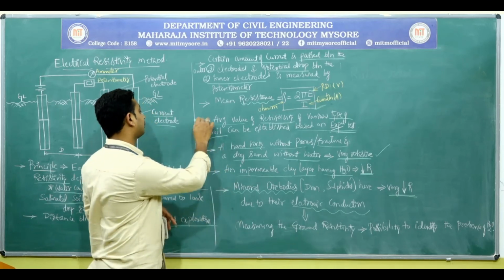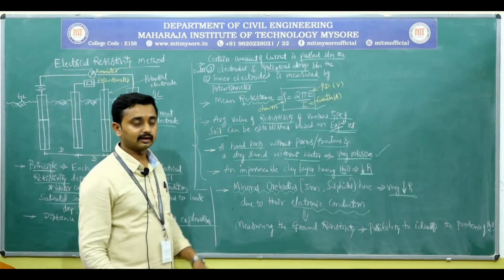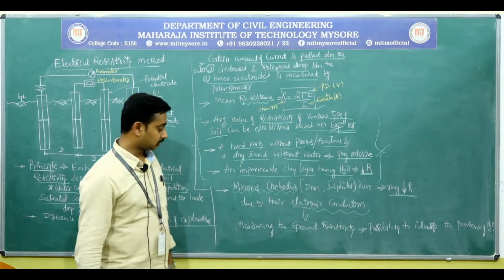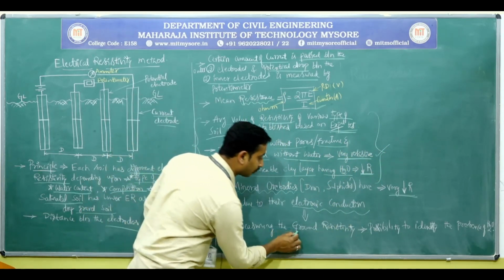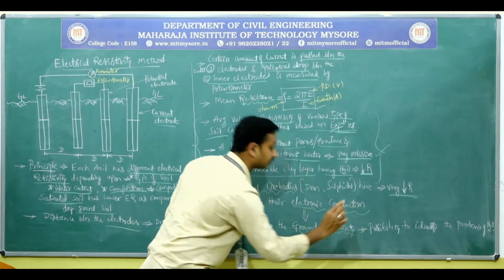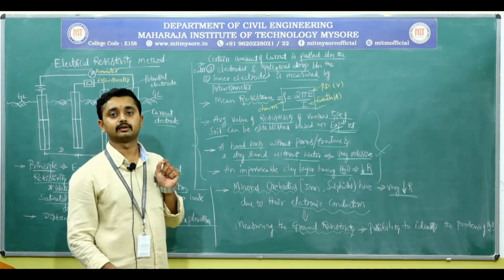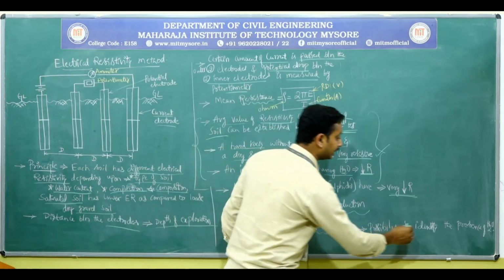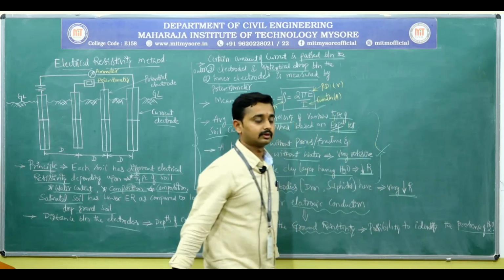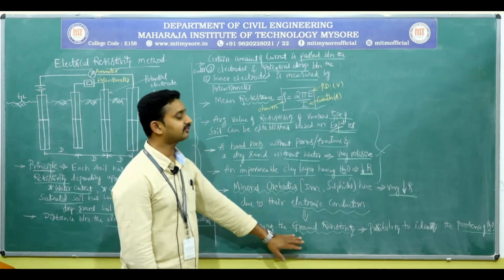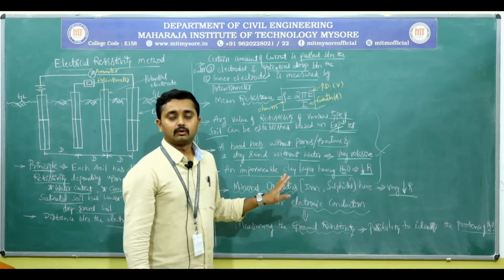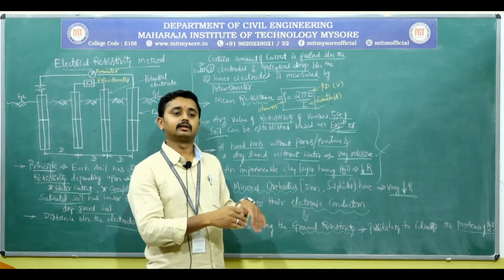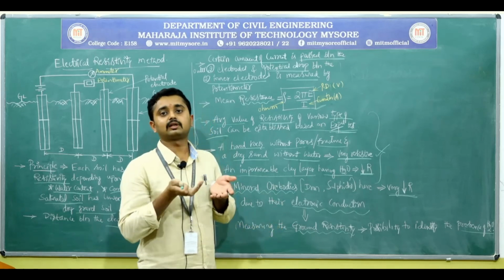By analyzing these points, we can conclude that by measuring the ground resistivity, it is possible to identify the presence of water. If there is water content or mineral content, it is a good conductor and resistivity is less.